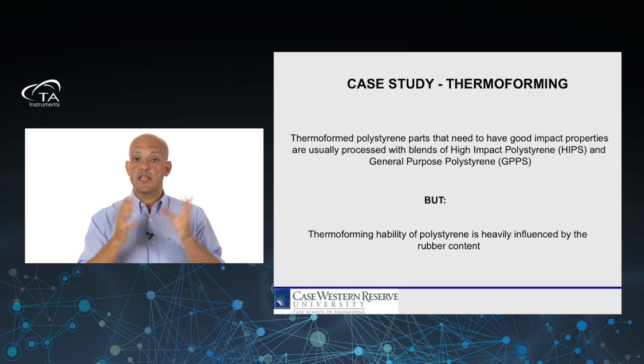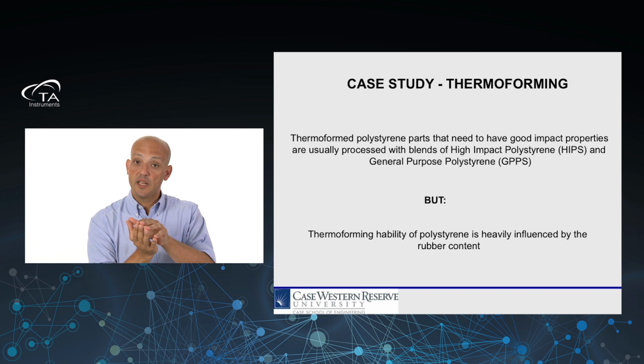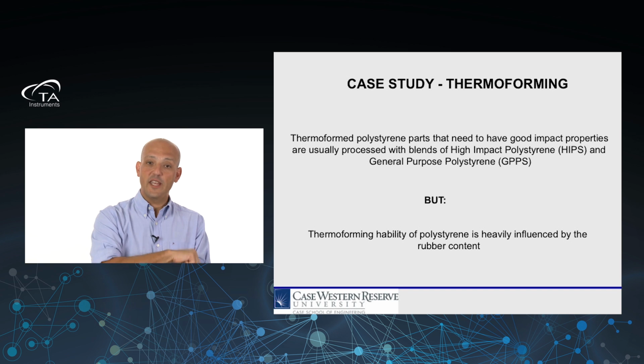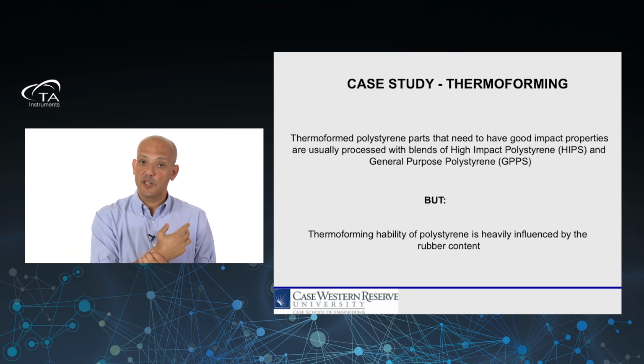What that means is that now this new material has much higher impact resistance because of the rubber phase. It's no longer transparent, so if you have a white plastic cup, like a yogurt cup or something, that's high impact polystyrene.